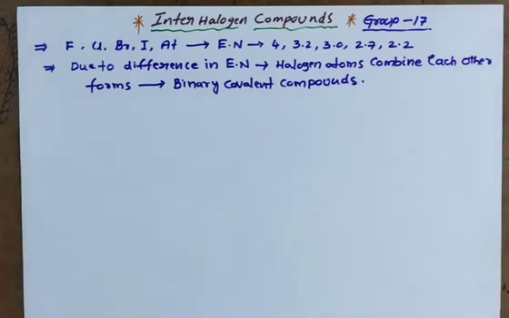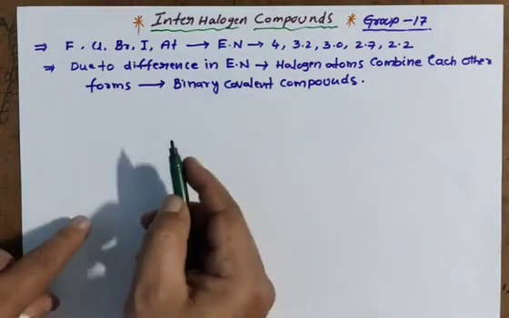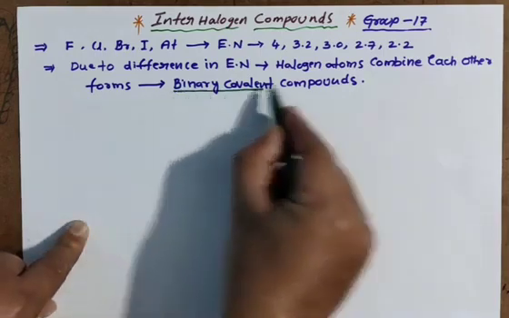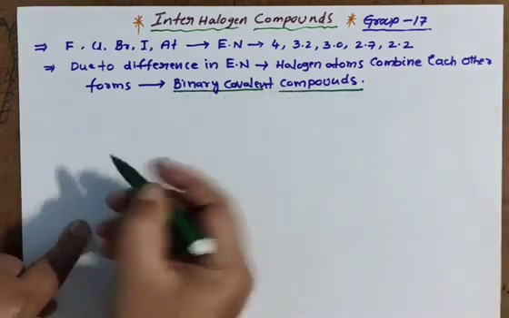These we call interhalogen. Inter means between two. So you have to remember, binary covalent compounds.